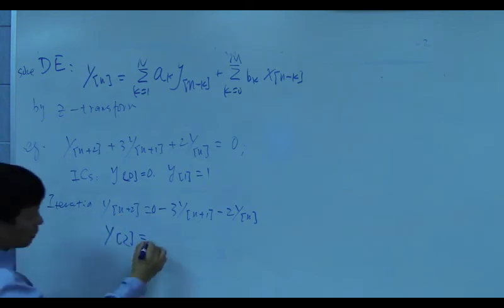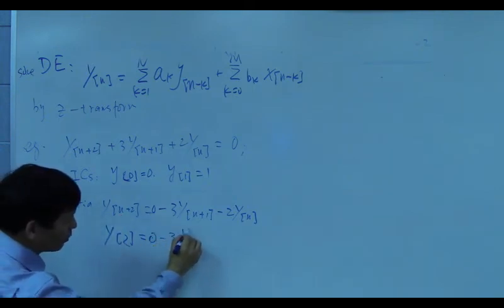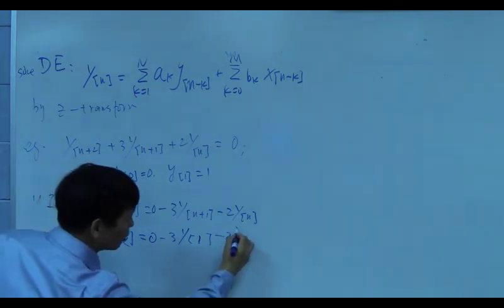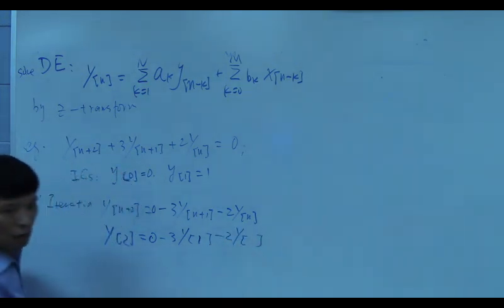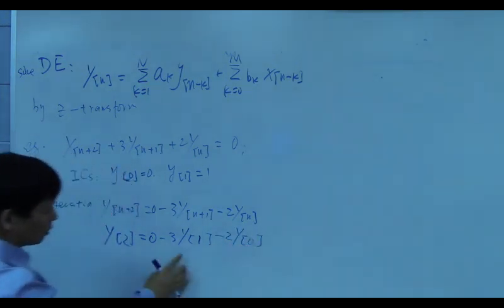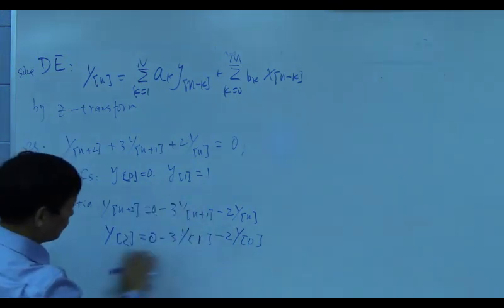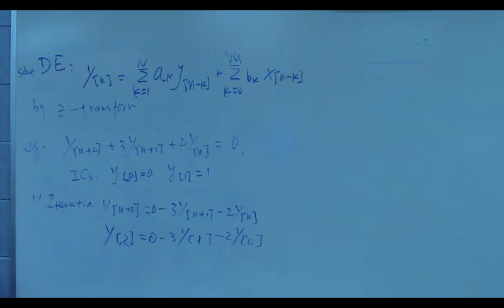So that one will be equal to negative 0 minus 3 y1, right? And minus 2 y0, which is 0. We know this equals this, so we can calculate this. Does that make sense? So we did this before.